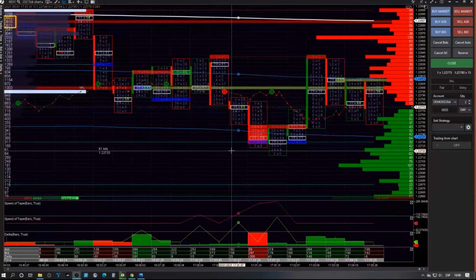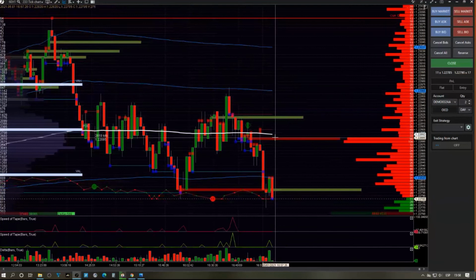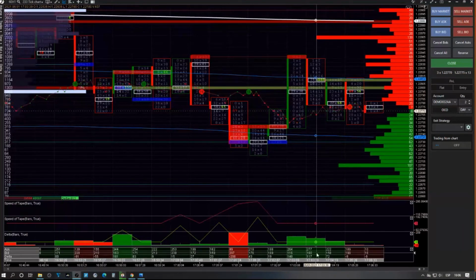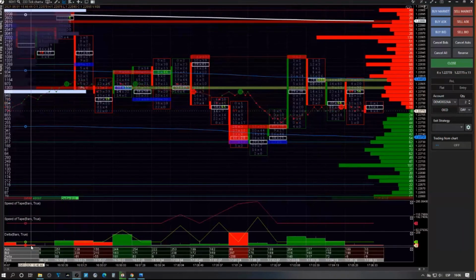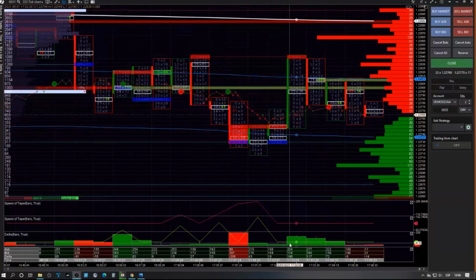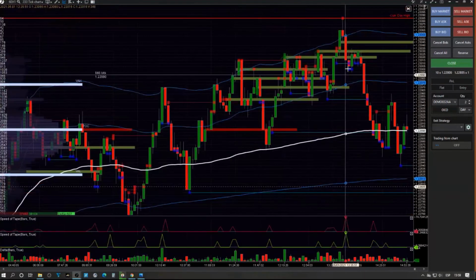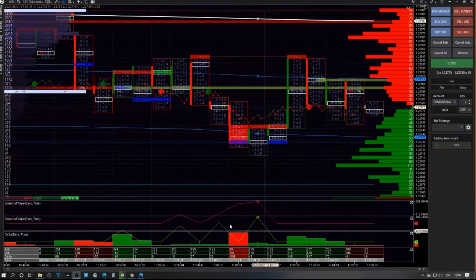Okay. And in addition to that, on the bottom of the chart, you have exactly a resume of what happened: how many buyers, how many sellers, the difference between the two, the time. You can add the volume. You can add many things on this lower side.